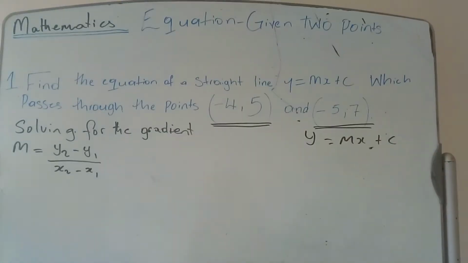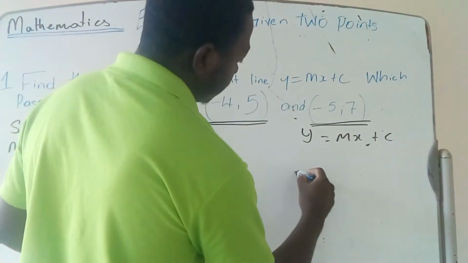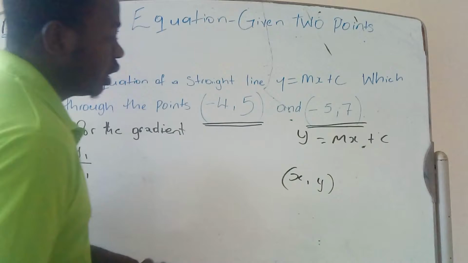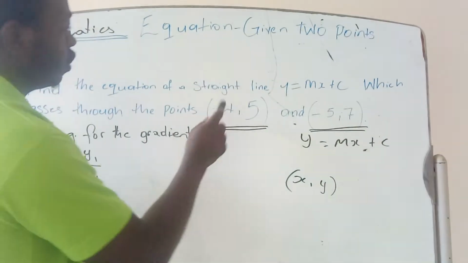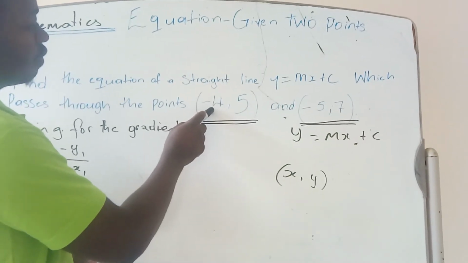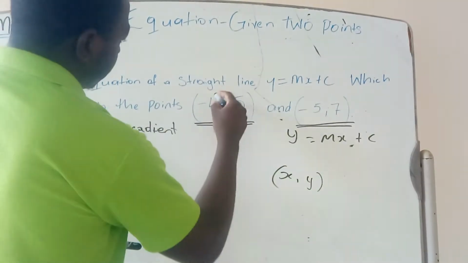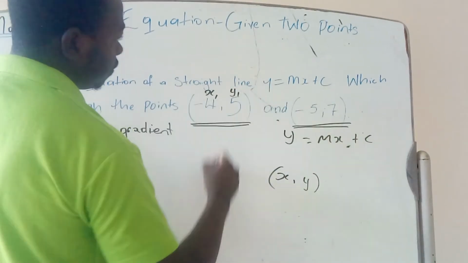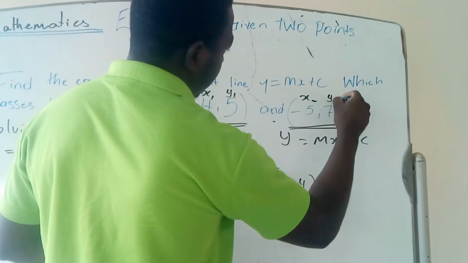Right? Now, we know that we plot point in the form x, y, where x is the first term and y is the second term. So in this coordinate, -4 is the first term. That means it is an x value. So here we can put x1, y1, x2, y2.